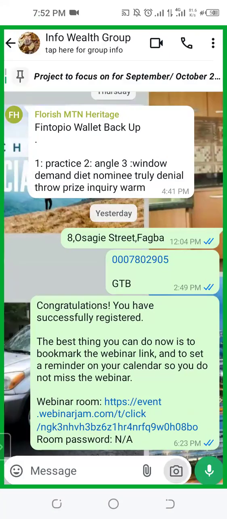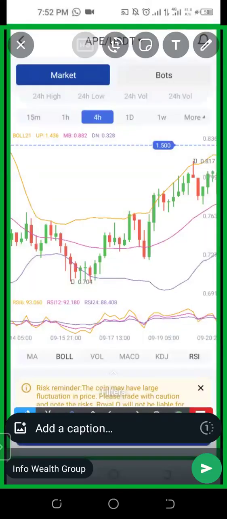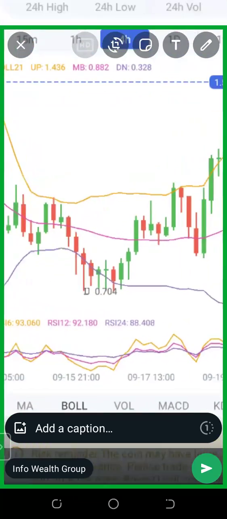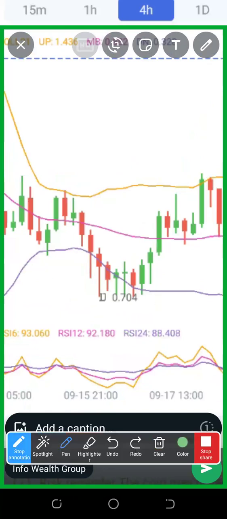So this is it. You discover that at the end of this downtrend from here, this coin moved up to this place. It was resisted here. Then it dumped down.